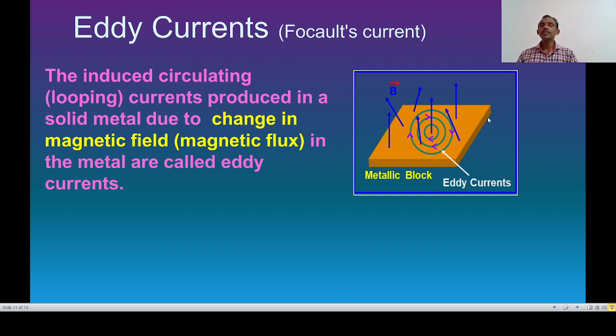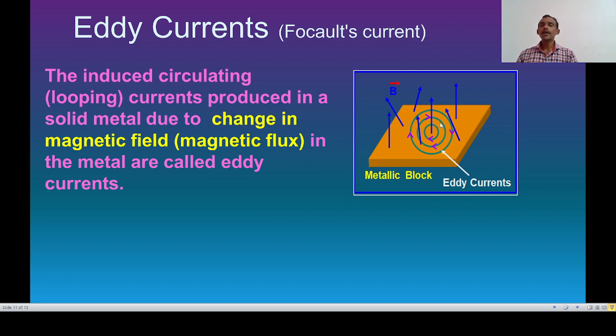In this field, the electrons inside the plate experience forces and move in circular paths with different radii and velocities, behaving like concentric circles that look like a whirlpool. Therefore it is called eddy current.